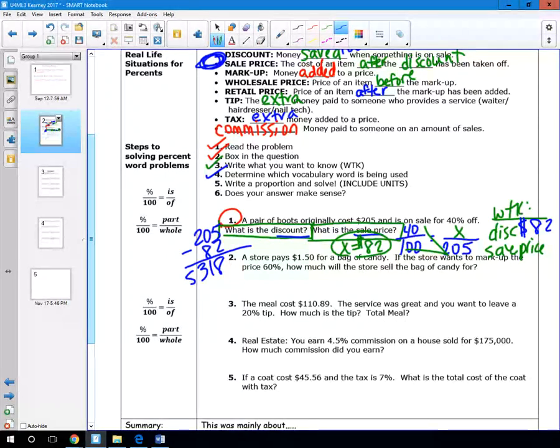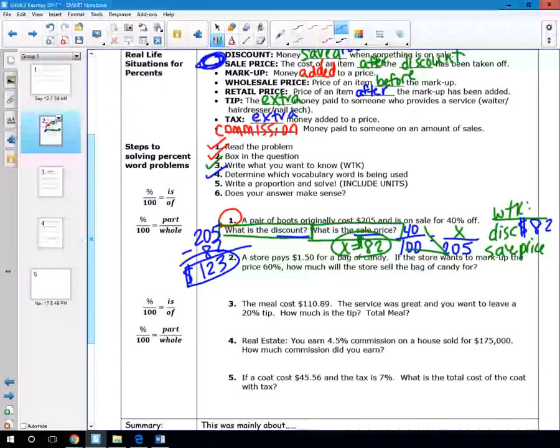That wouldn't make sense, would it? 205, I'm sorry. Miss Kearney did some wrong calculating. My sale price would not be $318. So that would be sad. That's why you want to constantly ask yourself, does it make sense? Clearly, Miss Kearney's answer did not make sense. So I went back and I said, okay, obviously I did something wrong. So $123.